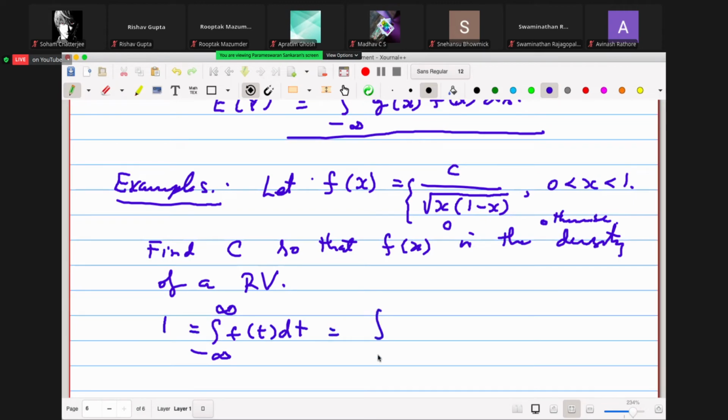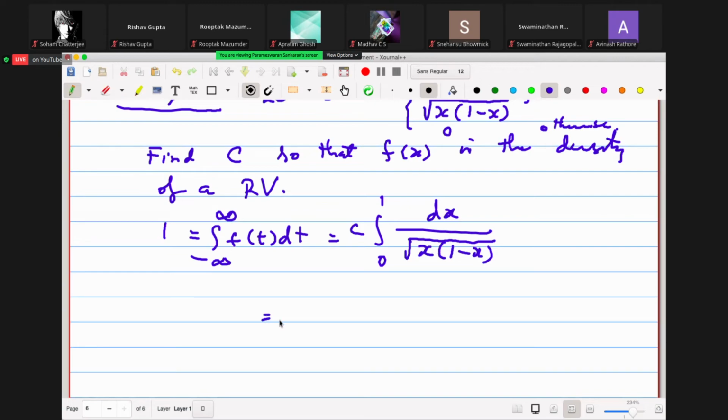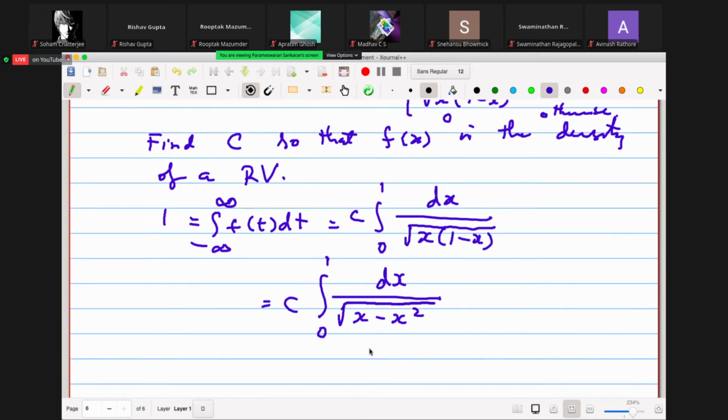So this is equal to the integral from 0 to 1 of c times dx by the square root of x(1 minus x). This is equal to c times the integral from 0 to 1 of dx by the square root of x minus x square. You can express this as a difference of two squares.